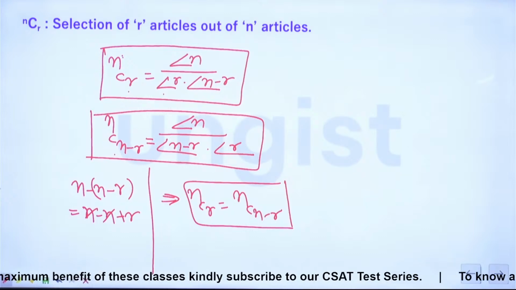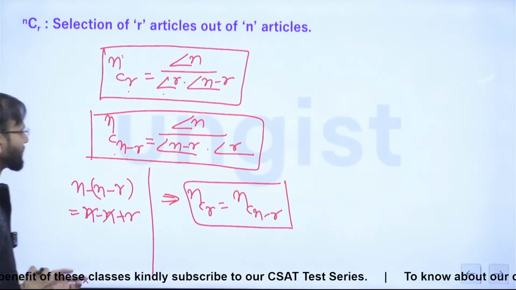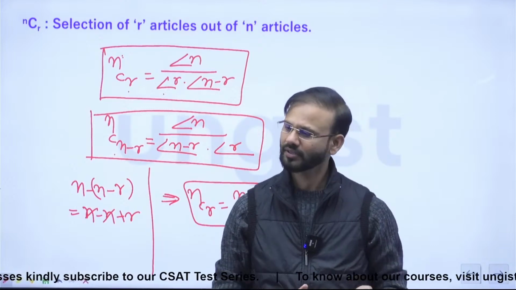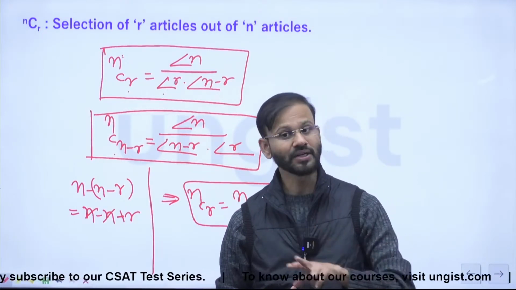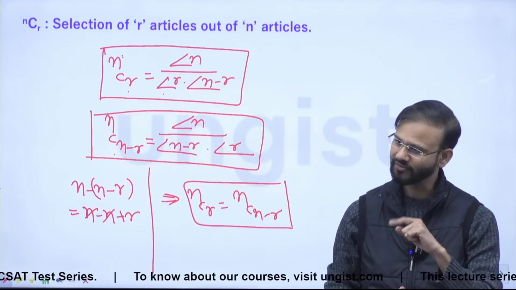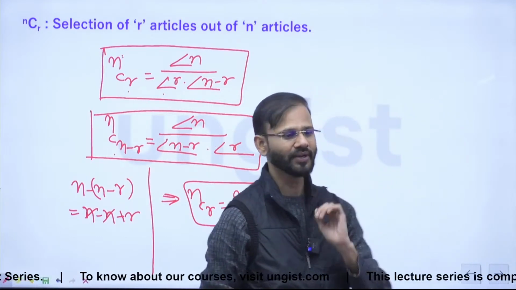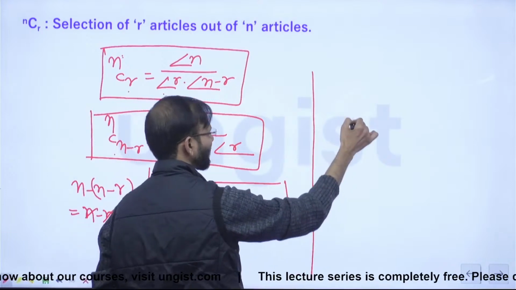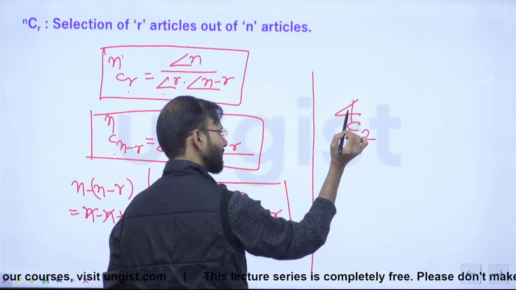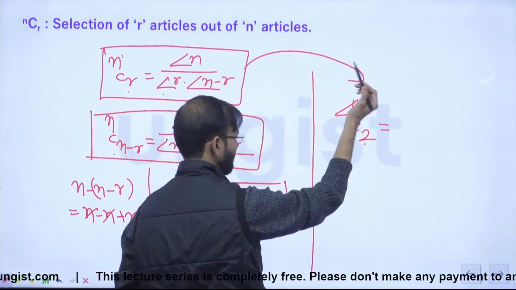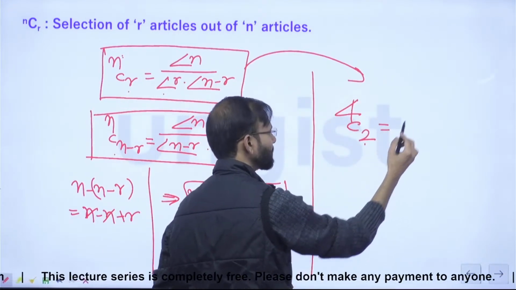Okay. And friends, recently we calculated selecting 2 articles out of 4, and the total number of ways we got was 6. So what we did over there was nothing but 4C2. We selected 2 articles out of 4 articles. So with the help of the formula, please try to verify the value.